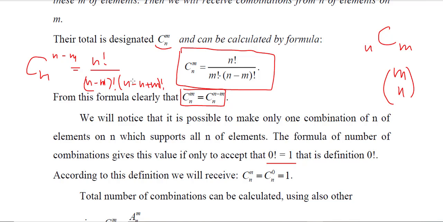So they are cancelled and we have just n factorial. That's why combination n of n, by this formula, is n factorial over 0 factorial times n factorial, and 0 factorial is just 1.